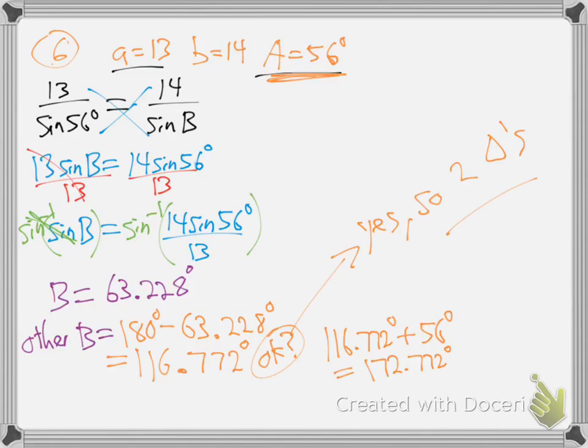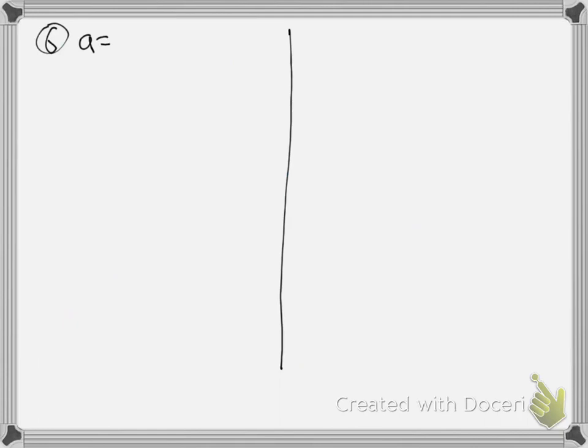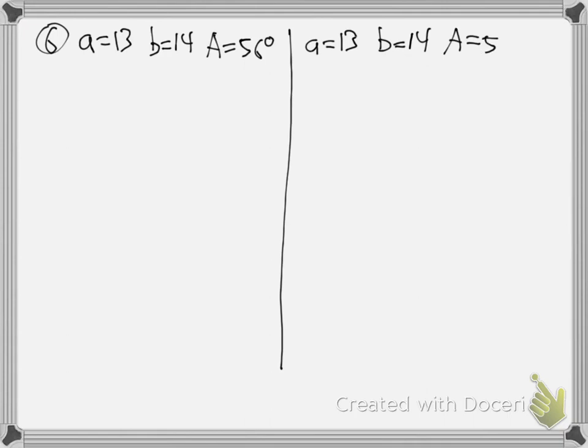I'm going to go to a fresh screen now, and we're going to finish the work for both triangles. So now, what do we have so far? In both, we're still working on question number 6 here. And we had A is 13, 14, 56. So 13, 14, so that's going to be the start for both of them.